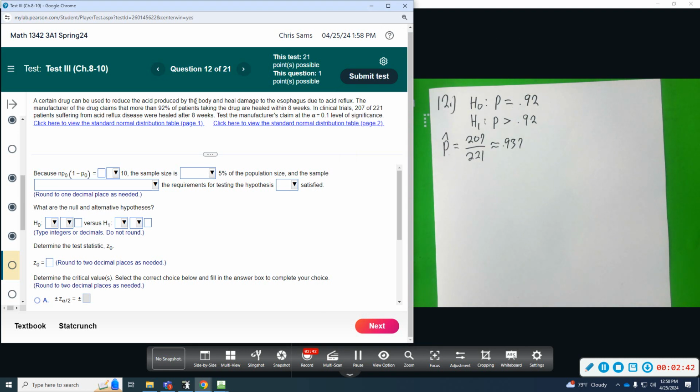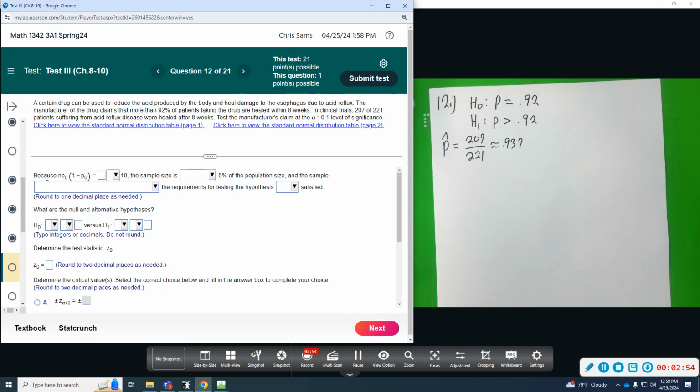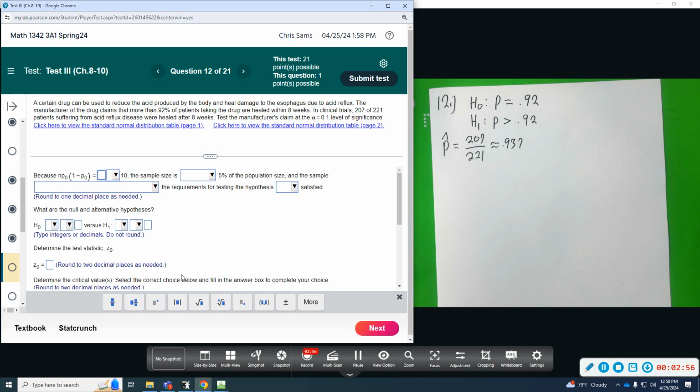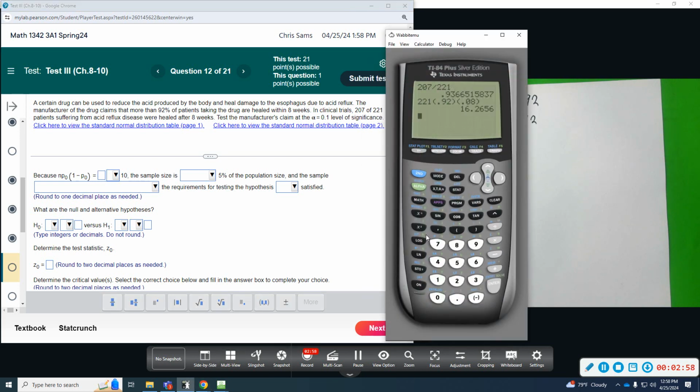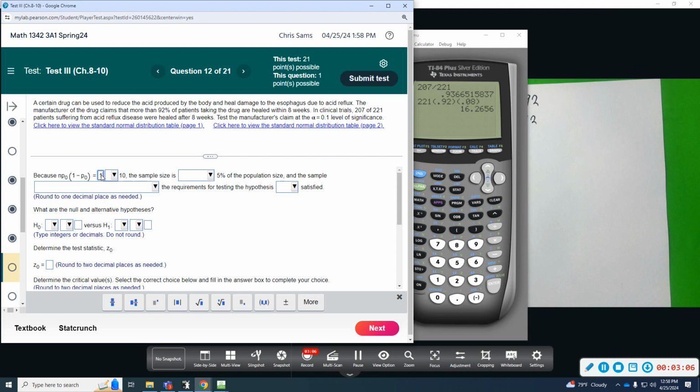Trying to check the random sample. Okay, so NP times 1 minus P is 16, 1 decimal place, 16.3, which is greater than 10.